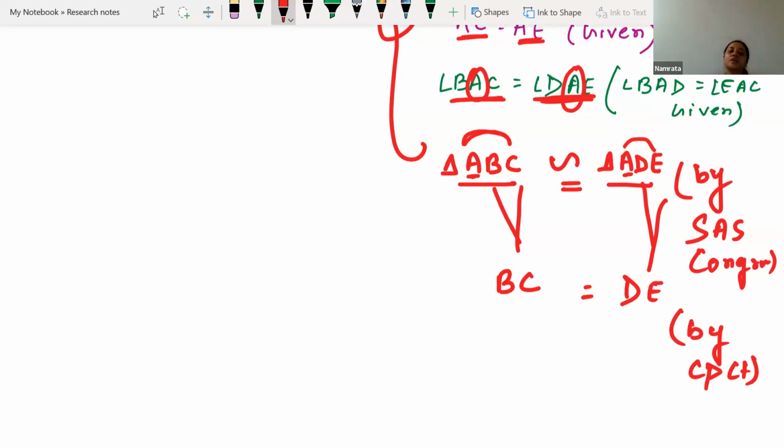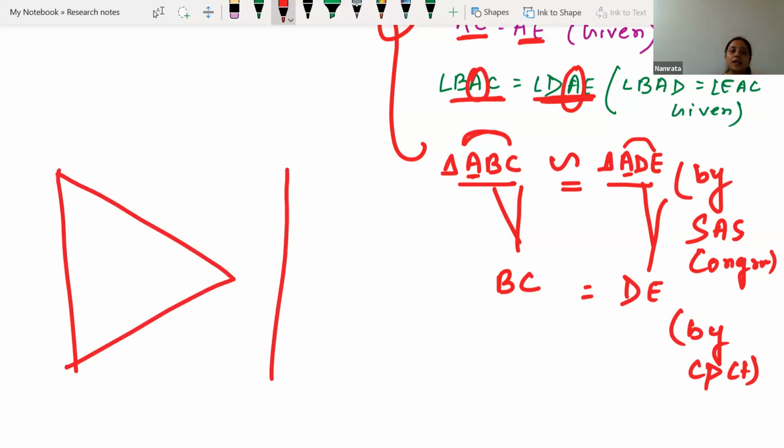If you are not writing the name properly, then BC and DE will not come out as the same. You will keep on thinking which angle to take same, which side to take same. Randomly, if I am drawing one of the triangles like this, and maybe one of the triangles like this, how will you identify which side is equals to which side over here?